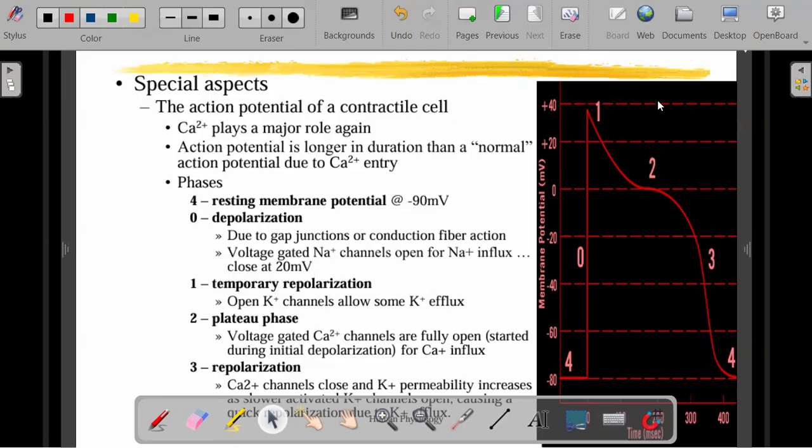Everyone. Okay, so today we are going to be looking at action potentials of cardiac muscle cells. Just as skeletal muscles and nerve cells, cardiac muscles also undergo action potential. When you talk about action potential of cardiac muscle cells, it refers to the electrical changes that occur across the membrane of the heart muscle cells.